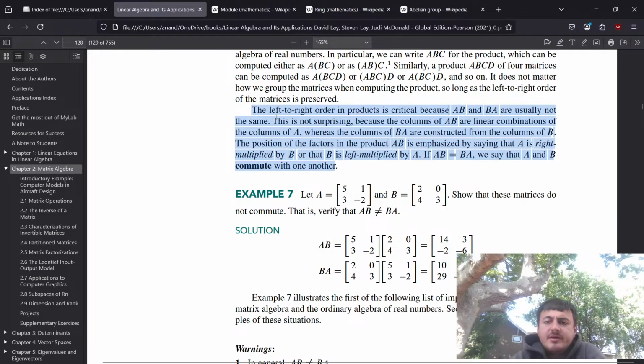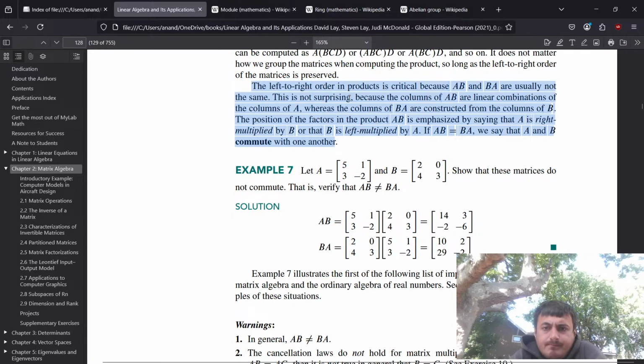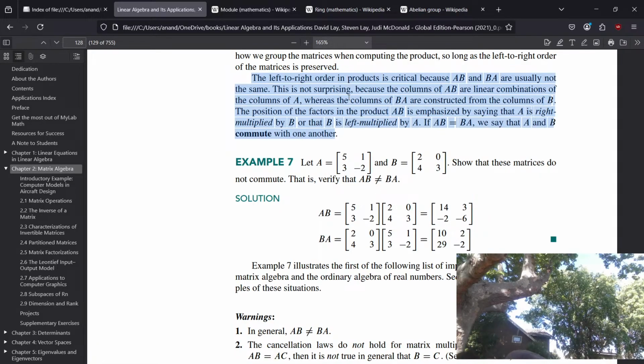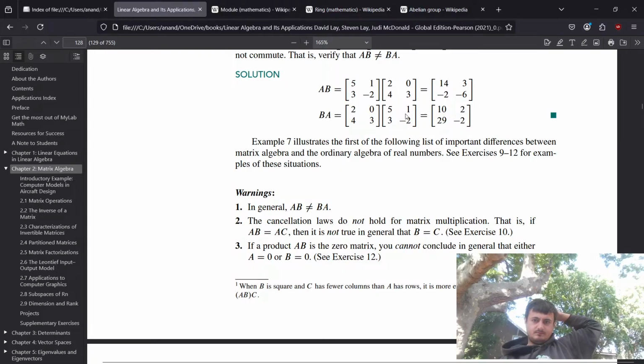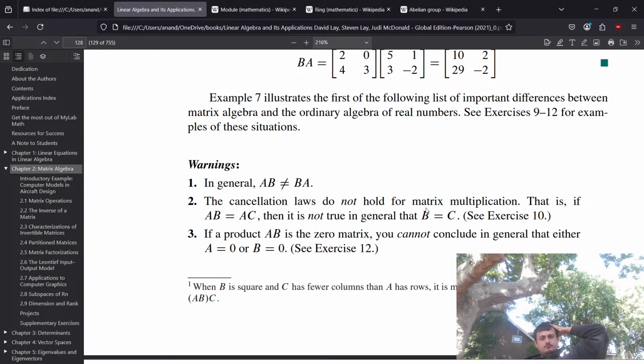Yeah, so the non-commutativity of matrix multiplication. That's interesting.